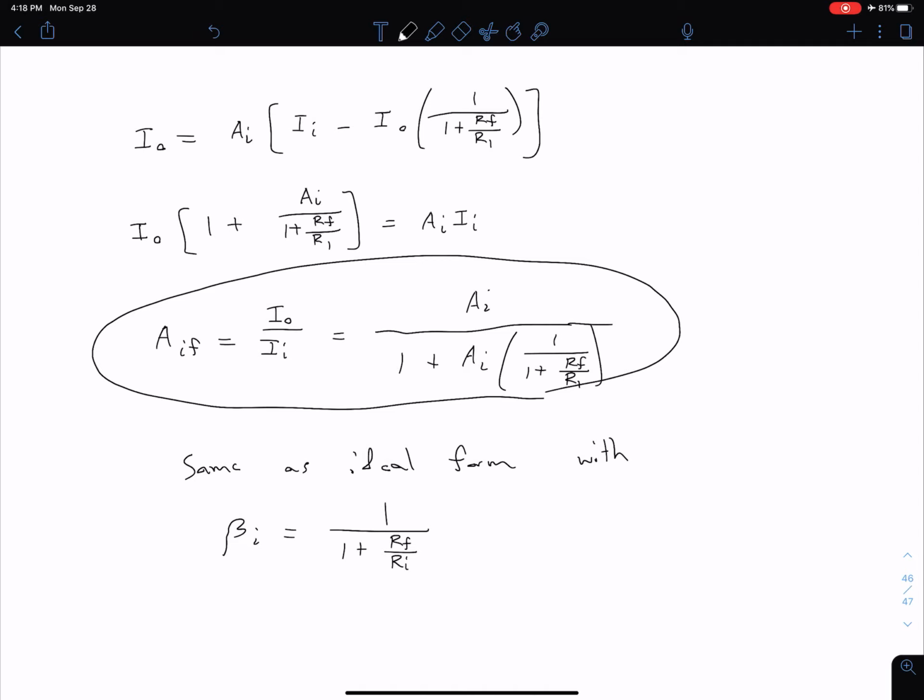So the same way that we saw with our op-amp example for our voltage amplifier, if we know our RF and our R1 values, we know the beta value, and if we also know our gain value, A sub I, we can figure out our transfer function, we can figure out our input and output resistances with feedback, and so that can be a very useful thing to do when analyzing the circuit.